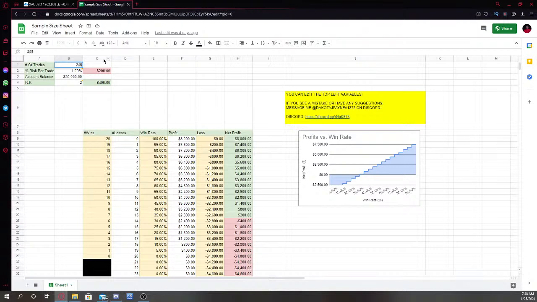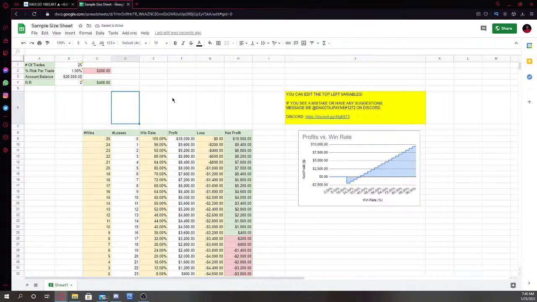I trade in sample sizes of 25. What it basically is just saying, okay, I'm gonna take these next 25 trades. Every single time my setup comes, my impulse correction kills on all my confirmations meet, I'm gonna take the opportunity basically, right?